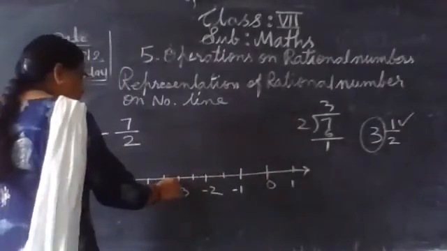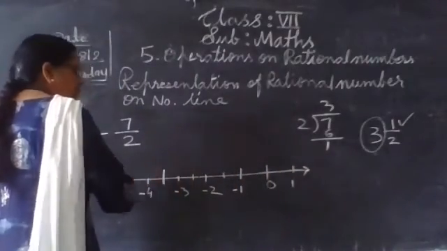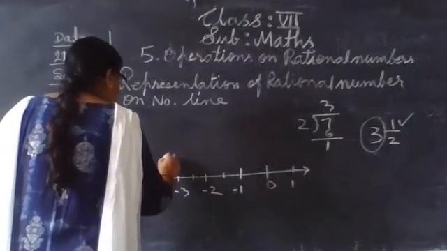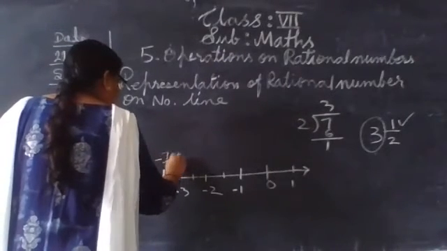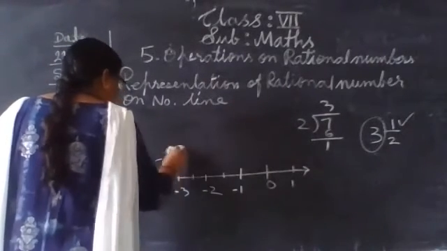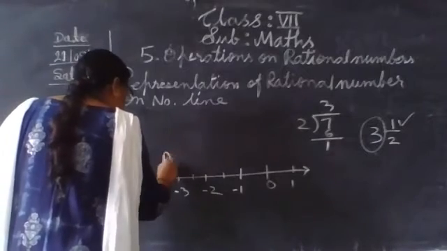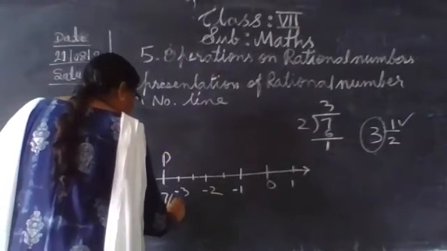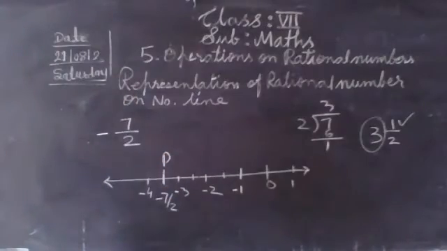So 1, 2 parts. So here is minus 7 upon 2. We can say this point is P and minus 7 upon 2 lies here. Got it, beta?